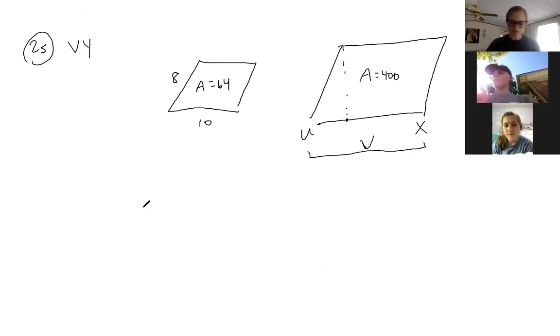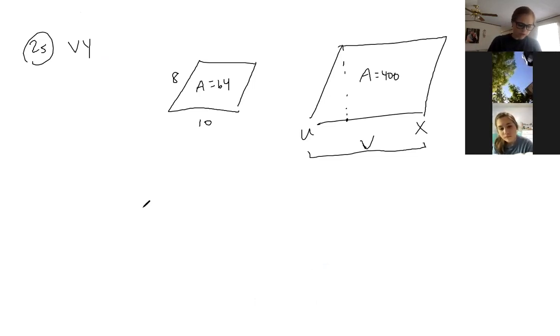Can I run and get my calculator real quick? Yes. I didn't think about it. Okay. So now we want to find VY. Well, VY is going to be the height of this parallelogram, correct? So we're looking for the height there.